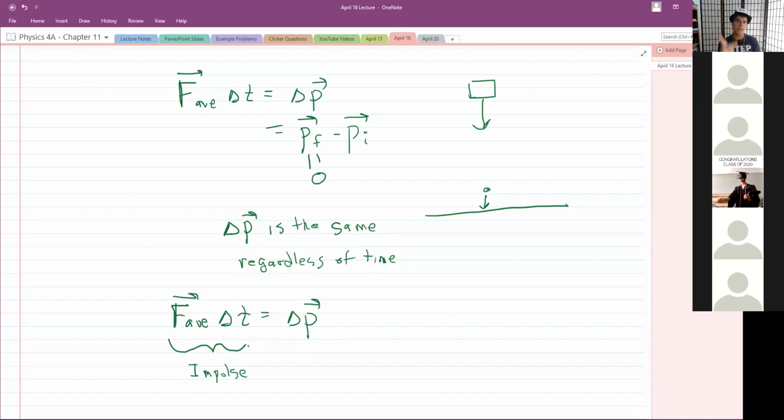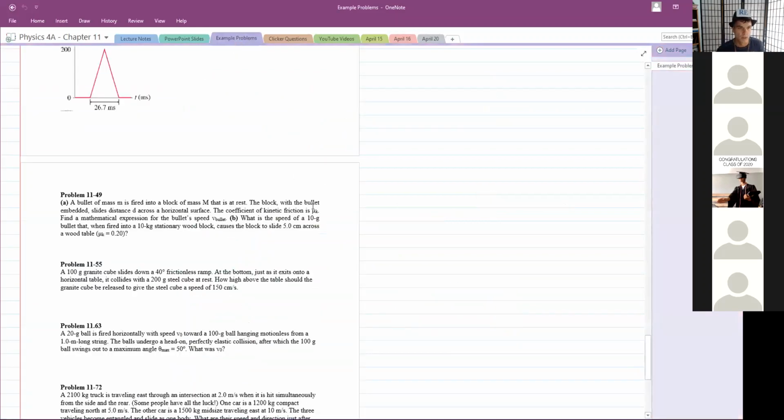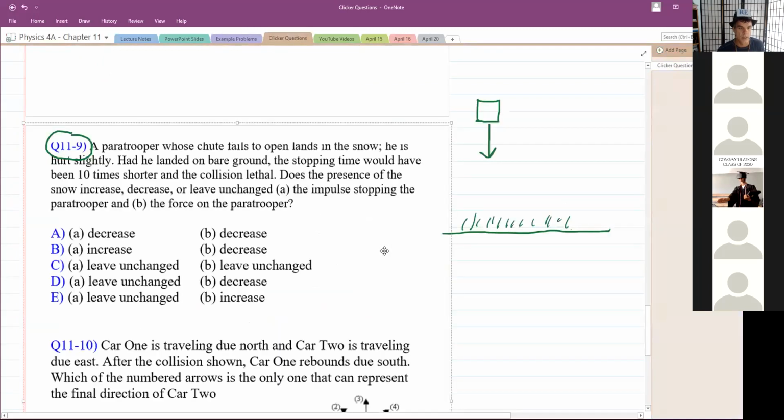Now, that impulse could either be a short time and a big force, or a big time and a small force. So the way I like to think about this is the average force on an object is going to be equal to the change in momentum divided by the time over which that momentum is changing. So going back to this example problem, that's not it, clicker question, sorry.